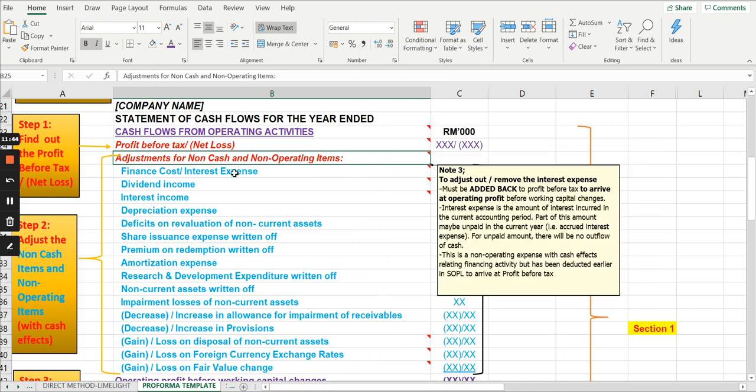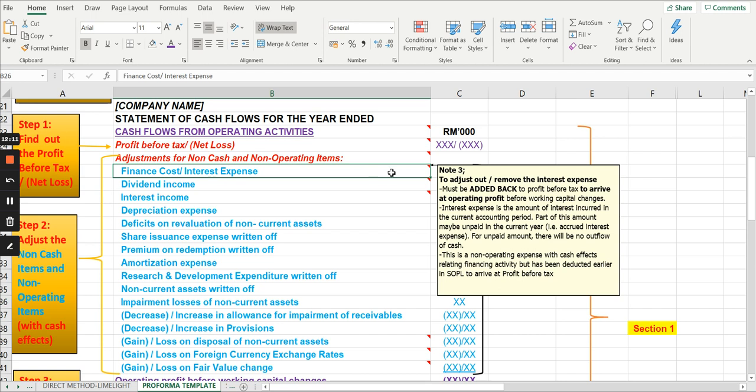Okay, so these are the items that I have put and shared with you here. Finance costs, or interest expense. These are normally included to arrive at the profit before tax. However, these are also non-operating expenses with a cash effect, and they relate to financing activities as prescribed by IAS 7.